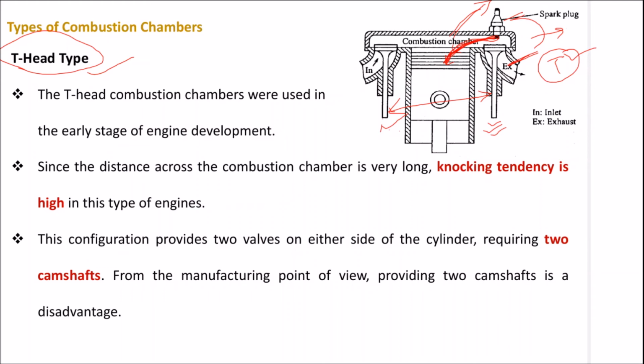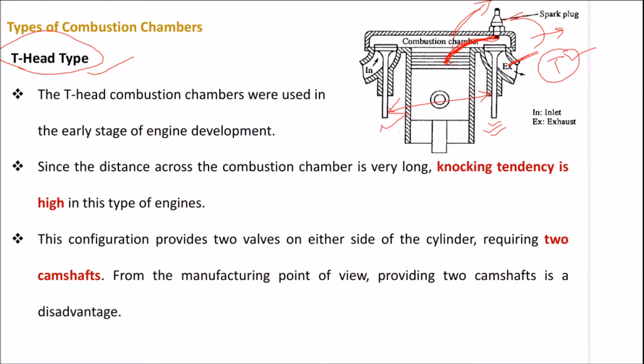The operation of two camshafts will be a tedious task, and it is also not good from the manufacturing point of view. So these are the disadvantages. It was the first combustion chamber which was designed.